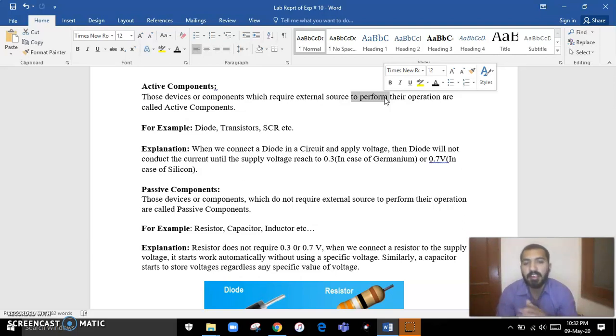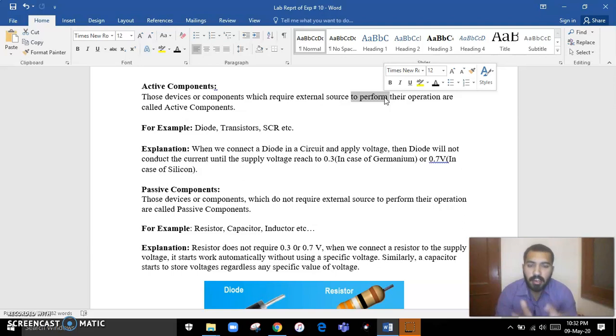Wi-Fi or Bluetooth are some other things that are basically the specifications of that phone. I'm just talking about a very basic phone, a phone that performs its operation when we put a SIM card in that phone. That SIM card is basically the external source.